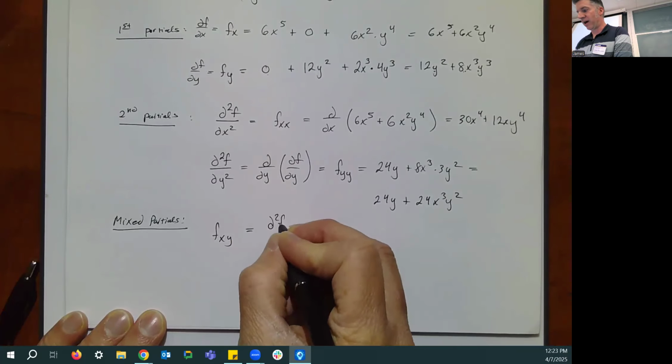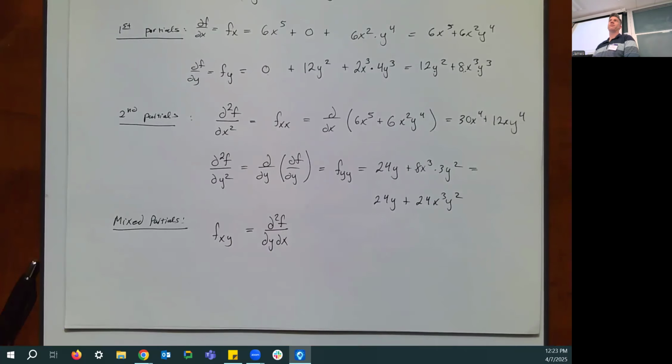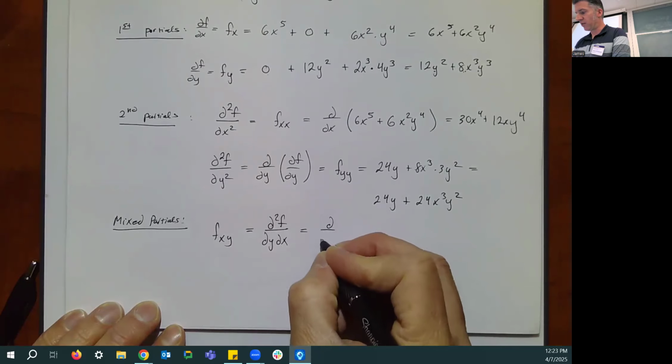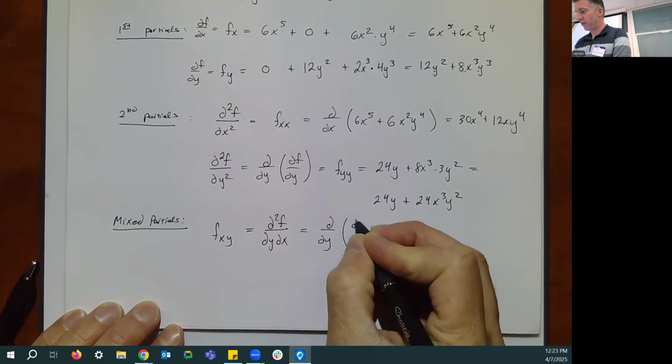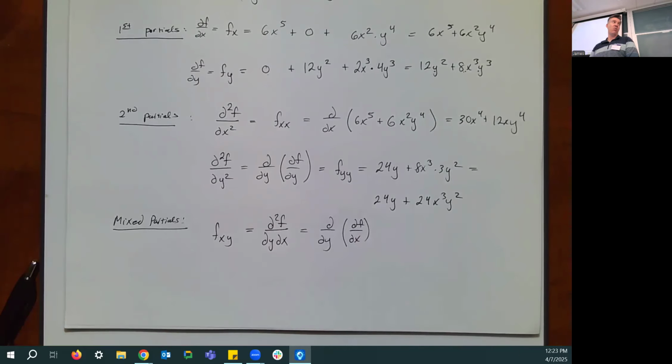Del squared f del y del x. It looks out of order, but this notation says you're doing the derivative with respect to y after you have done the derivative of f with respect to x. So we read from the inside out, we read from right to left, we do x first, then y second. X first, then y second.